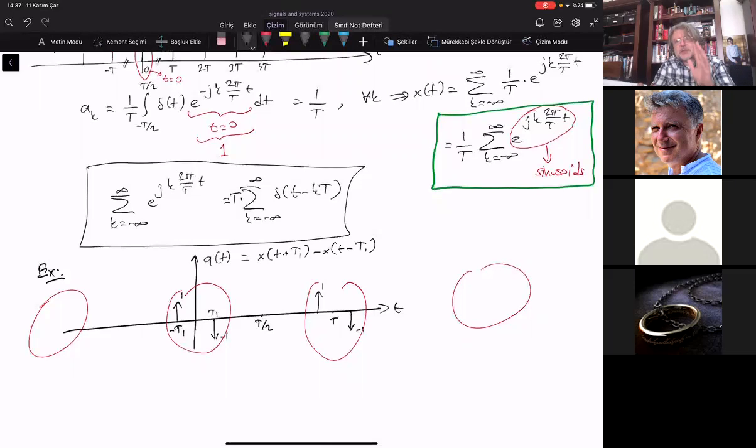So one of them is shifted to the left by capital T1, and the other one is shifted to the right by capital T1 and multiplied by -1. That's why we have a minus sign in between two x terms.